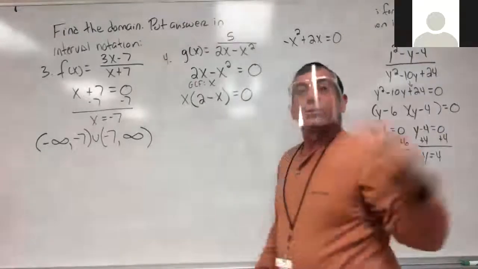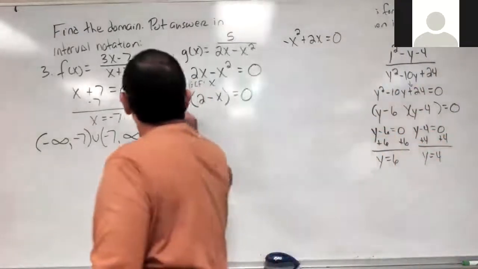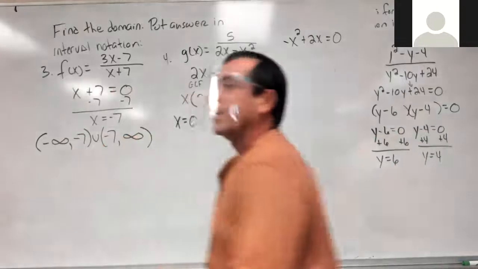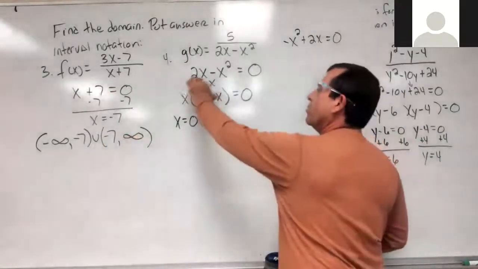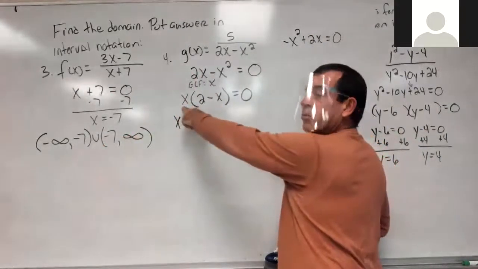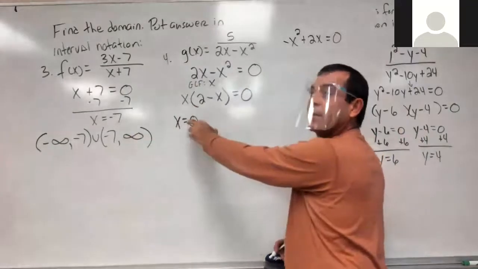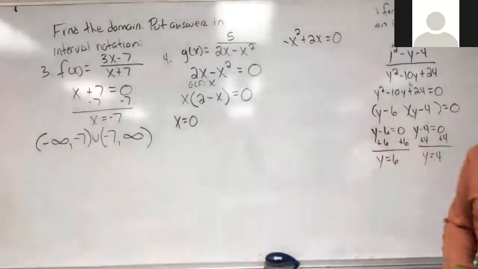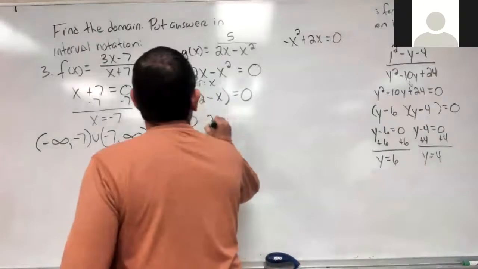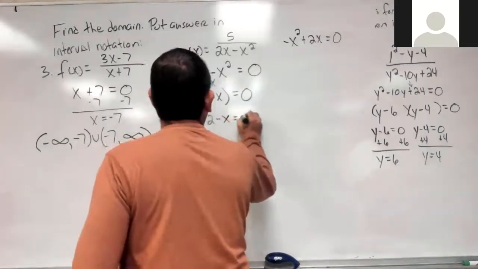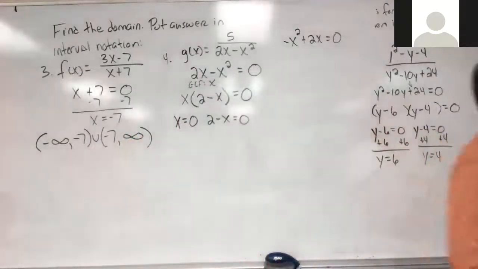Because now I'm going to do what? Set both these equal to 0. And look at this. If you factor out the greatest common factor and it's a variable, its answer is always going to be 0, okay? And then I would do my 2 minus x equals 0.